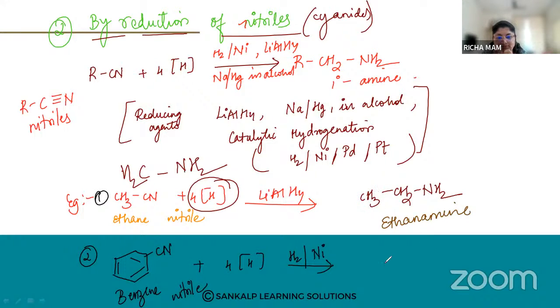The second one will become what? The benzene ring will be there, then CH2 and NH2. It is a benzyl amine, or you can name it as 1-phenylmethanamine.